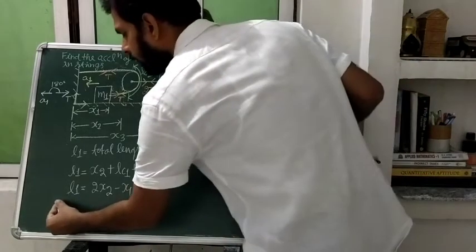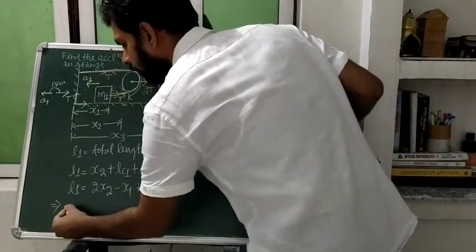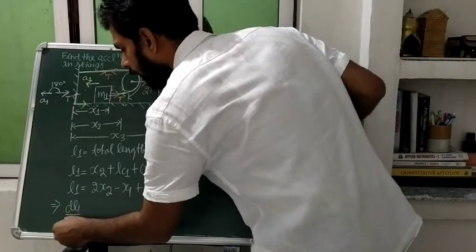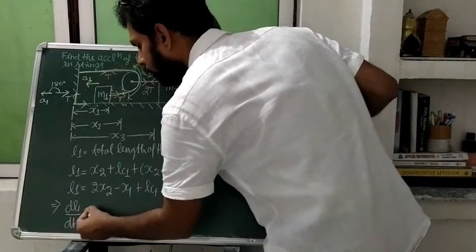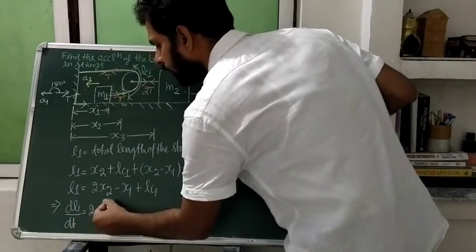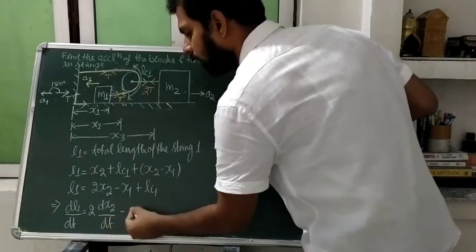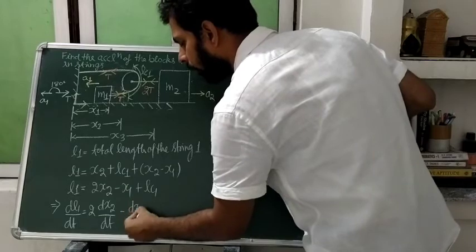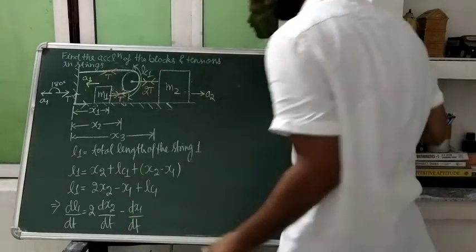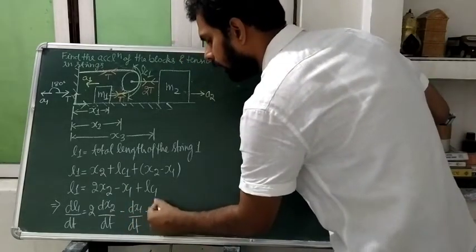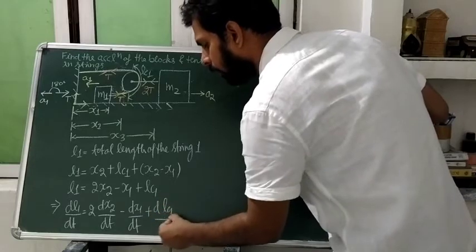So when you differentiate it, dL1 upon dt equals twice of dx2 upon dt minus dx1 upon dt, plus dLC1 upon dt.